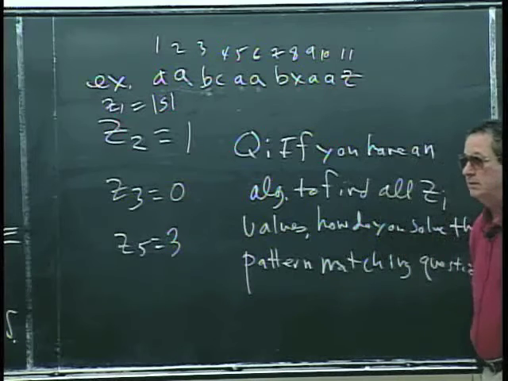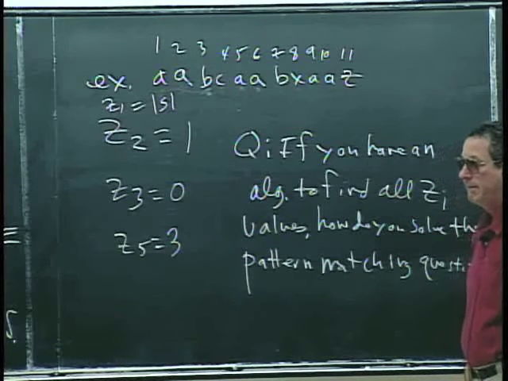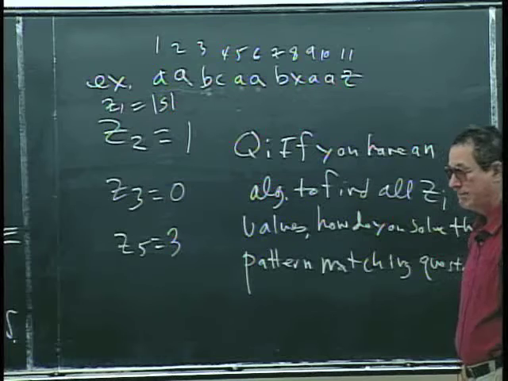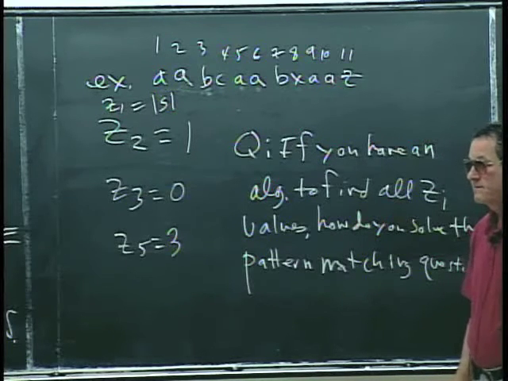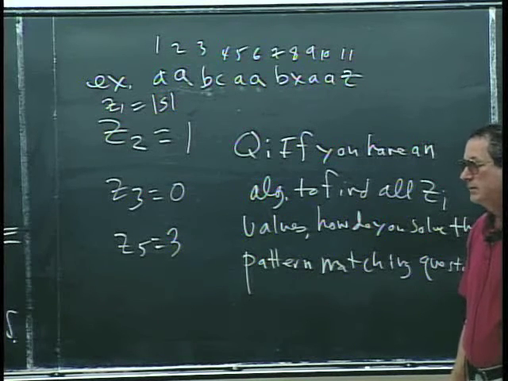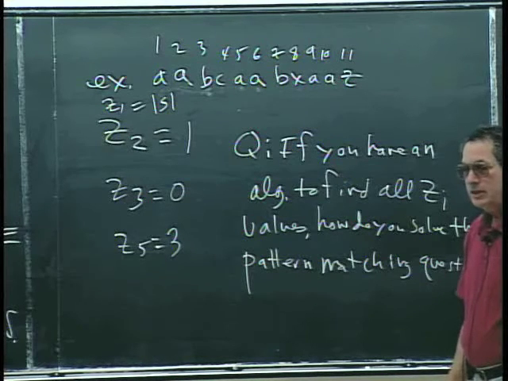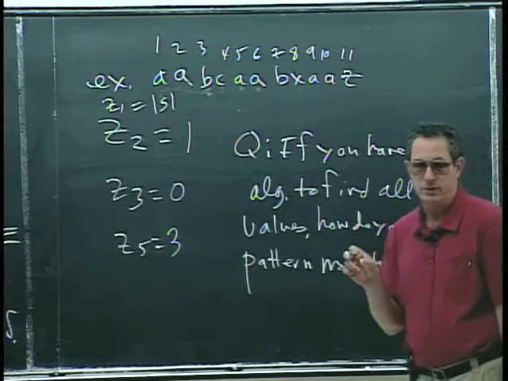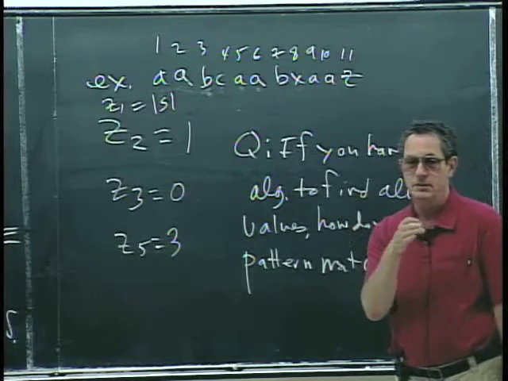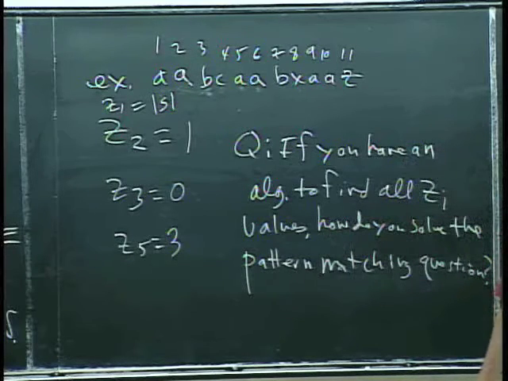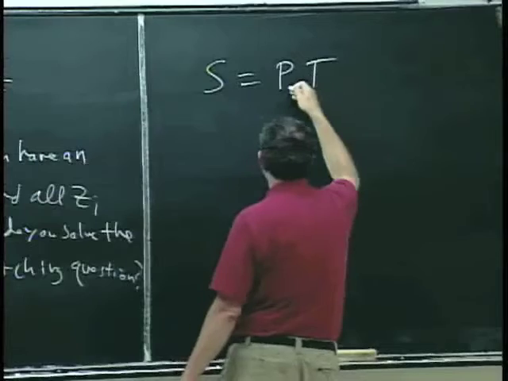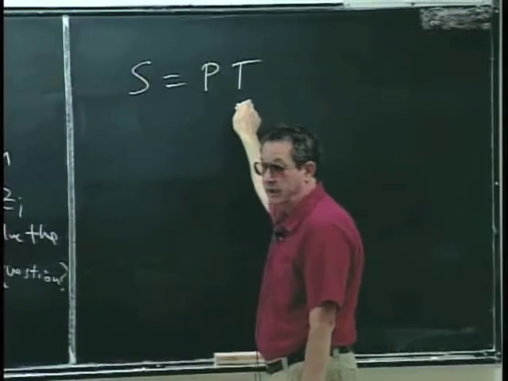Yeah, Mike? If you put the pattern before the text, and then you find the z-values of that, and then you would eliminate certain values that are longer than the pattern. So then only the z-values when it's the same length as the pattern. That's close. It's close, not quite right. Anybody else have a suggestion? Okay, the suggestion was that you create S equals P followed by T. So it's the pattern concatenated with the text.